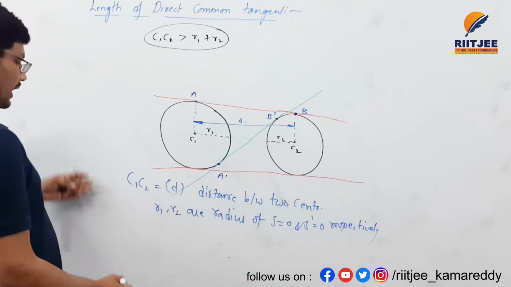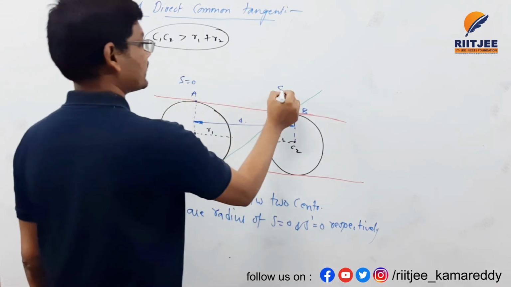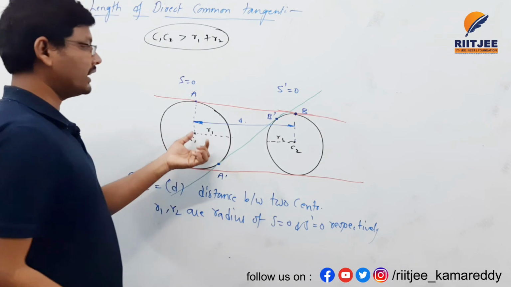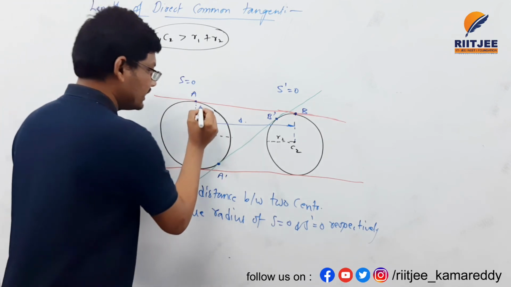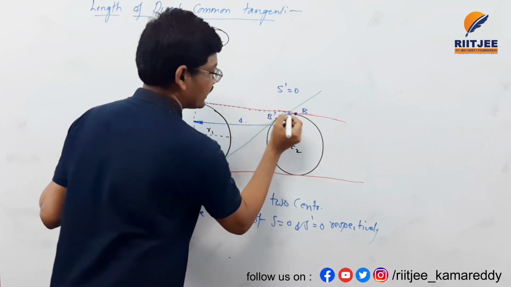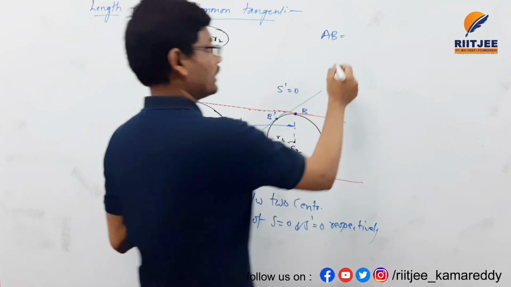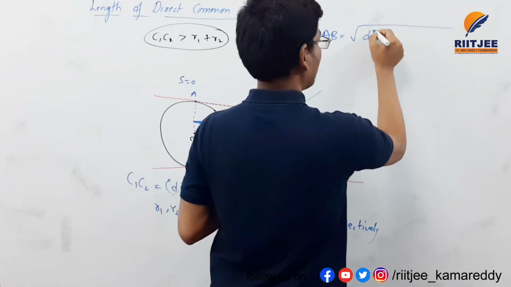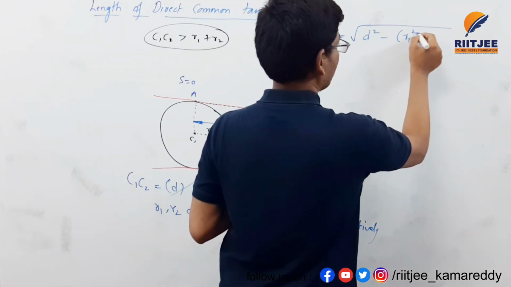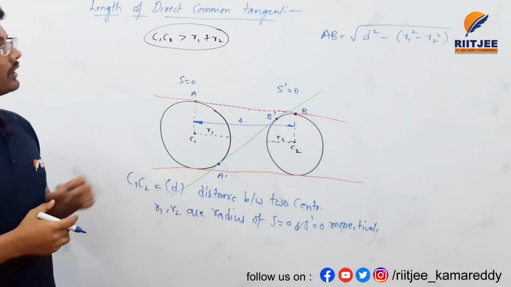Next, C1 and C2 are the centers of the two circles. This is S = 0 and this is S' = 0, and here we need to find the length of this tangent, that is AB. AB is equal to the square root of D square minus (R1 minus R2) square. This is the formula for AB.